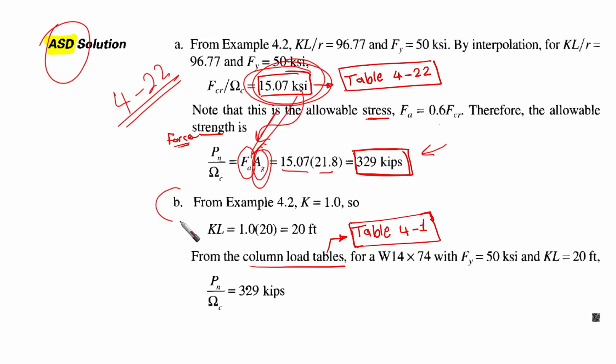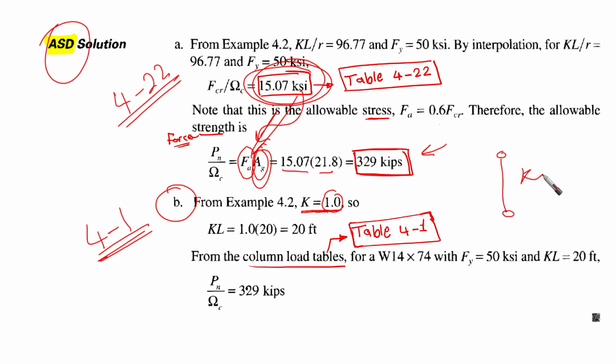But when we use table 4-1, we are going to obtain the value directly from the table by entering the table with K times L. K is 1 because we said that it is a pin column.